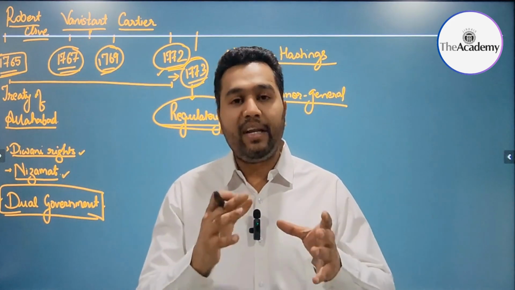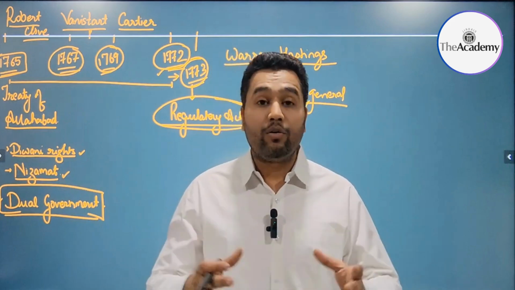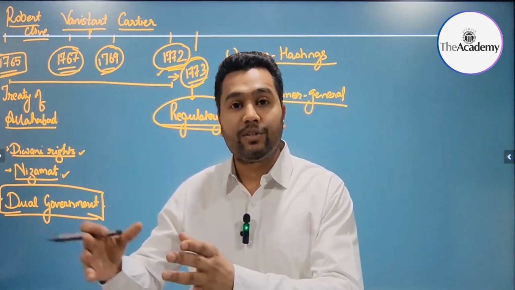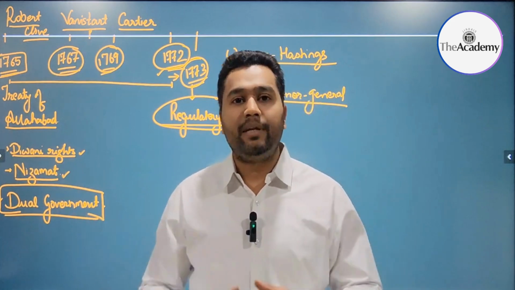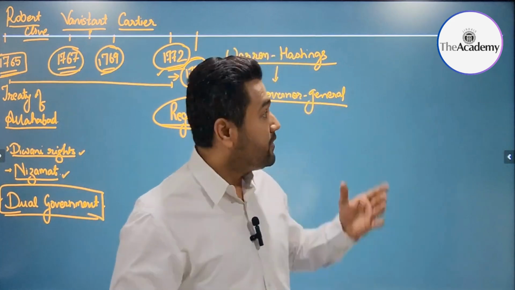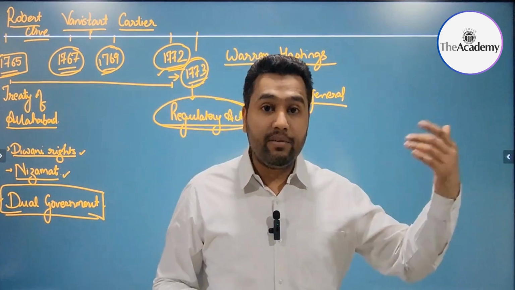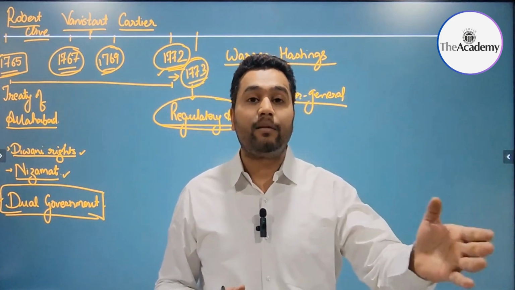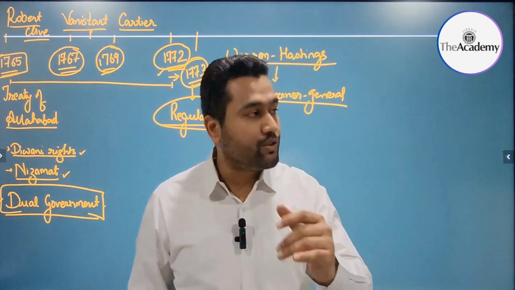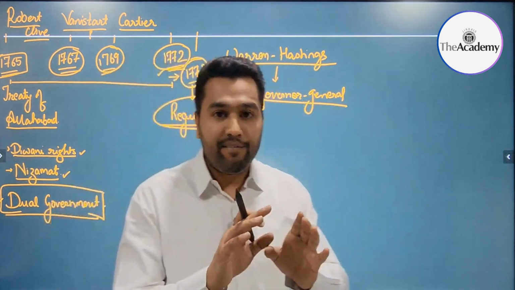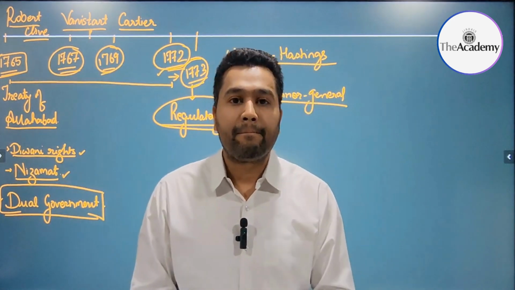He started with the quinquennial system, followed by the annual settlement system. His land reforms policy failed miserably, because only after Warren Hastings do we see the emergence of the Permanent Settlement Act introduced by Lord Cornwallis. So on the land revenue system, Warren Hastings failed miserably.